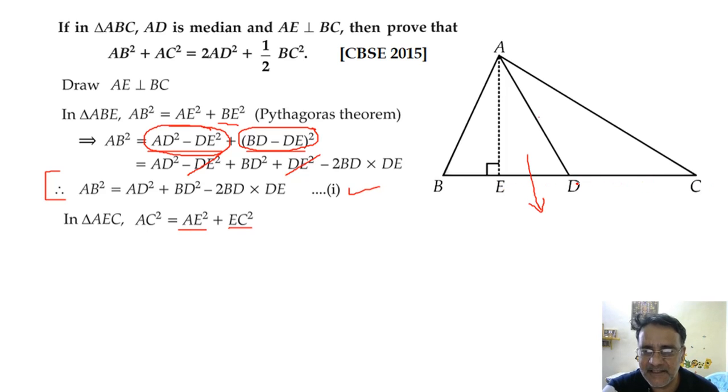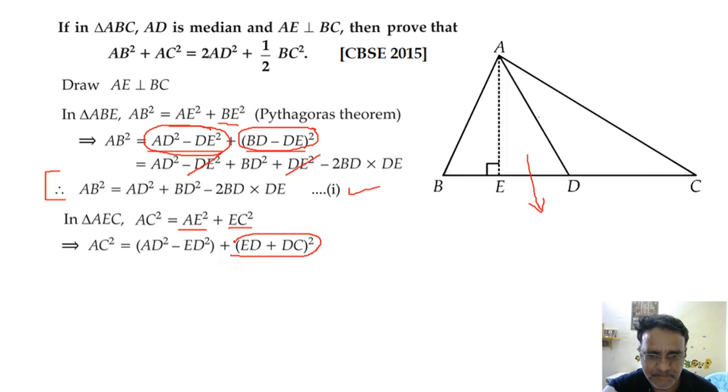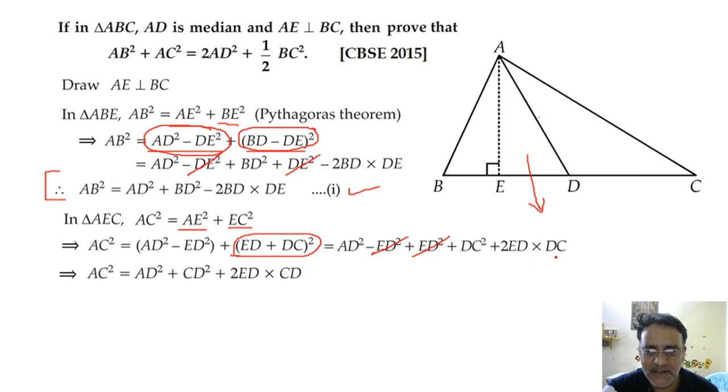EC can be written as DE plus DC या CD. Okay, so expand this one by using formula a plus b whole square. So we'll get a square plus b square plus 2ab. Here also these two will be cancelled. And what we are going to get, AD square plus DC square plus 2 times AD into DC. Now let it be equation number 2.